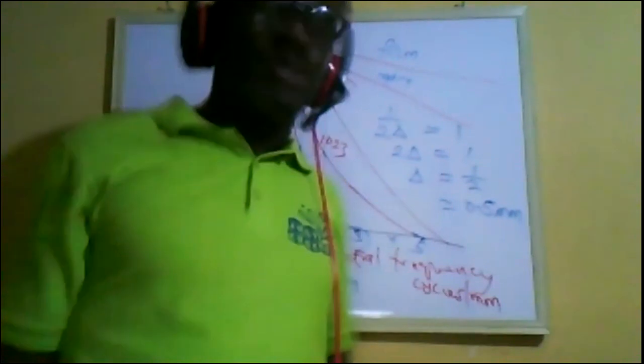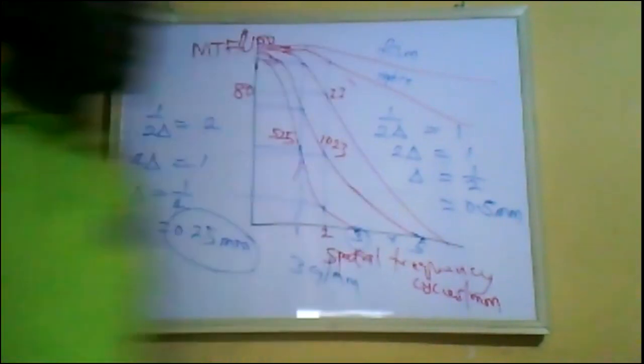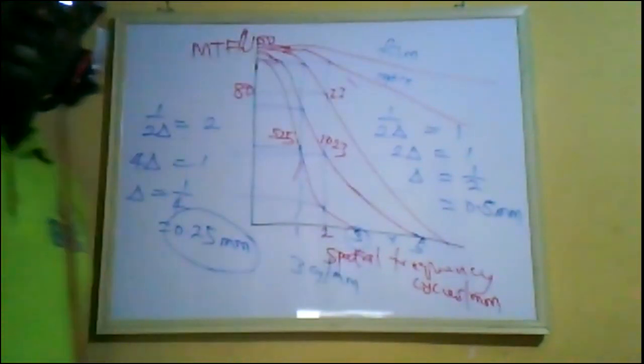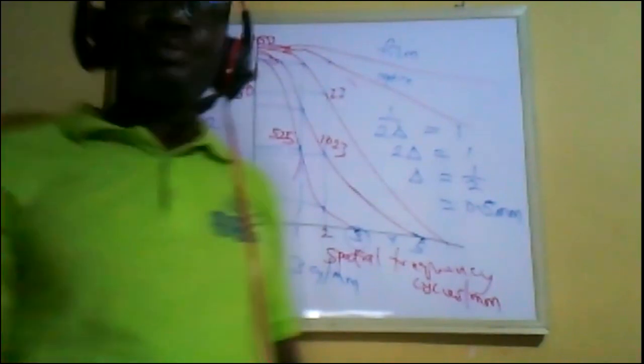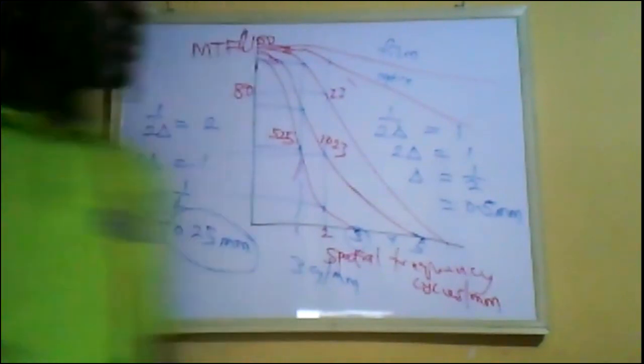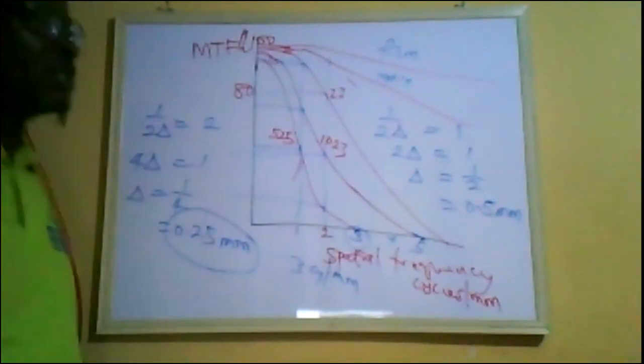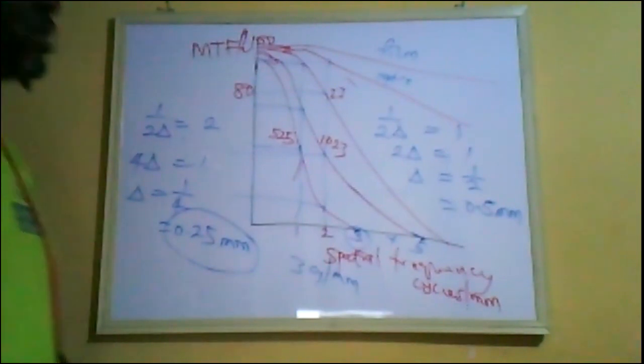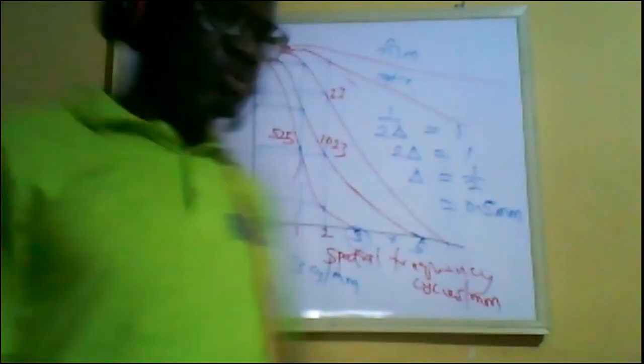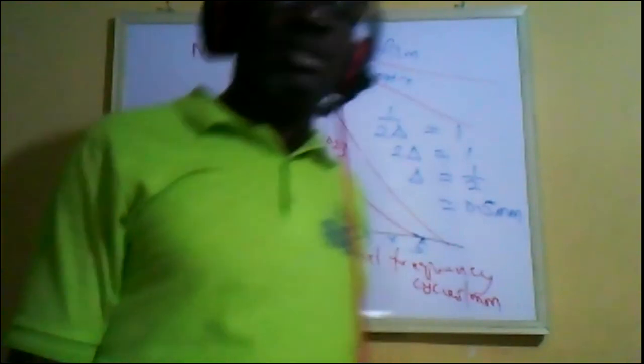In terms of image quality, we're going to briefly look at that next lesson before we go over to the next topic, which should be ultrasound. Many of us are familiar with ultrasound. It's equipment that is not so costly, that all institutions are meant to have.